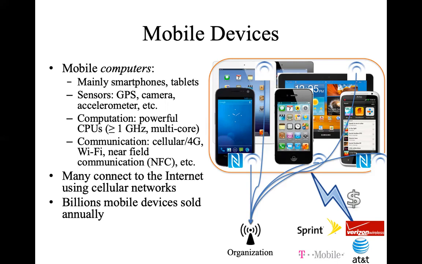And they have extremely powerful CPUs, almost as powerful as the desktops of nearly a decade ago. They're also equipped with all sorts of communication channels, be it 3G or 4G, Wi-Fi, near field communication, and so on. Okay, so the number of devices has grown exponentially, and in some sense, this is the computer that you always have with you, and it's extremely powerful.